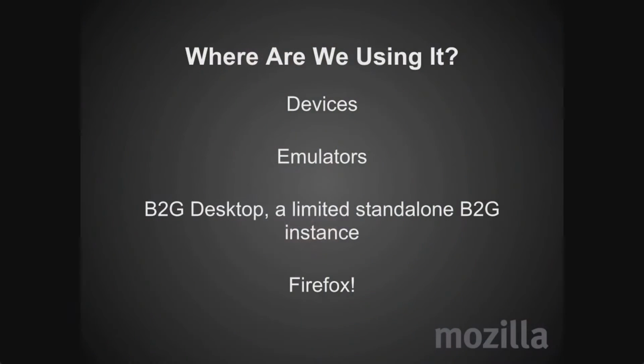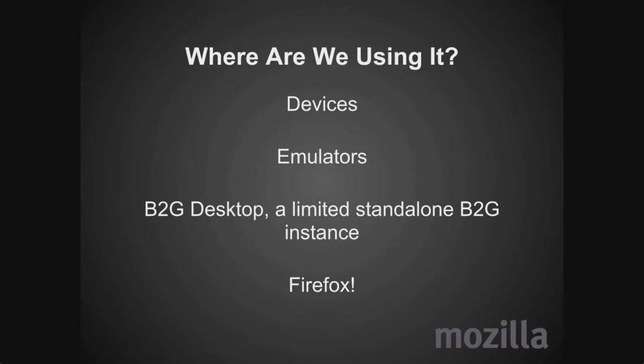We're currently using it on devices and emulators. We've got a special build of Firefox for Desktop called B2G Desktop. It's got all the things that we need for B2G, minus hardware things. And we're using it on Firefox.